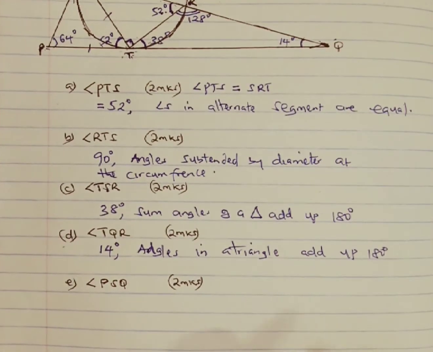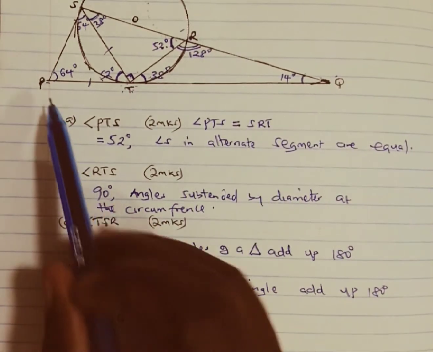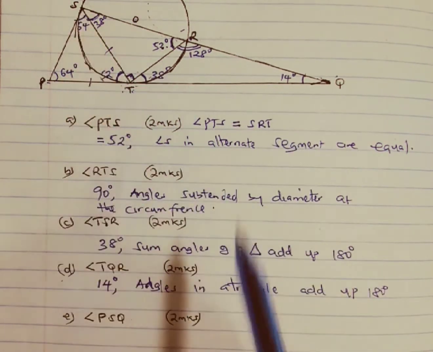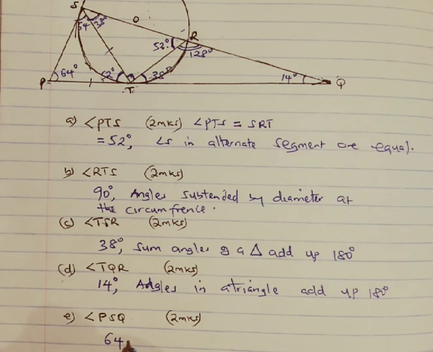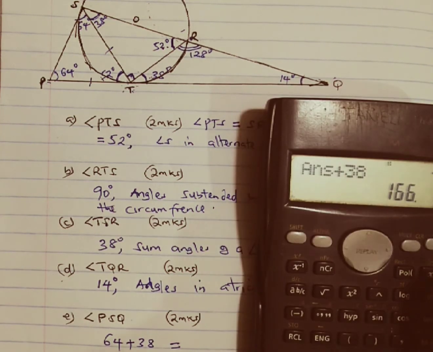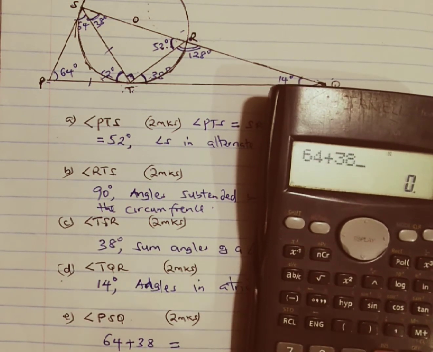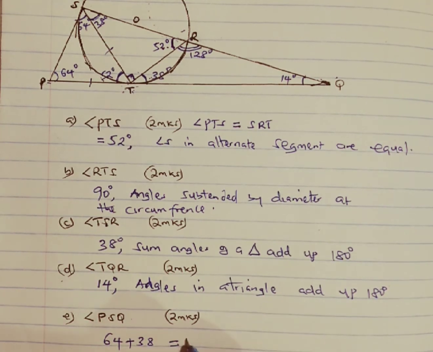Then the next angle we are supposed to look for is PSQ. To get PSQ, we are going to take 64 and add 38. This gives us a total of 102. That is 64 plus 38, which gives us 102 degrees.